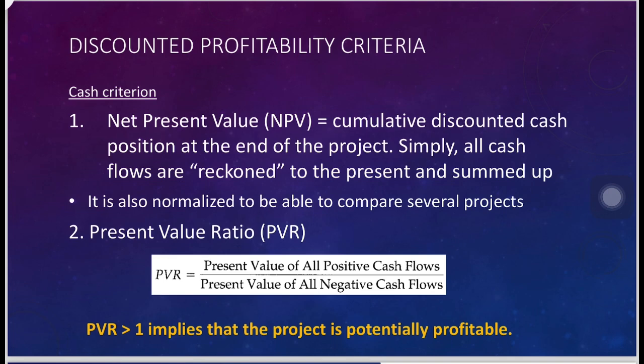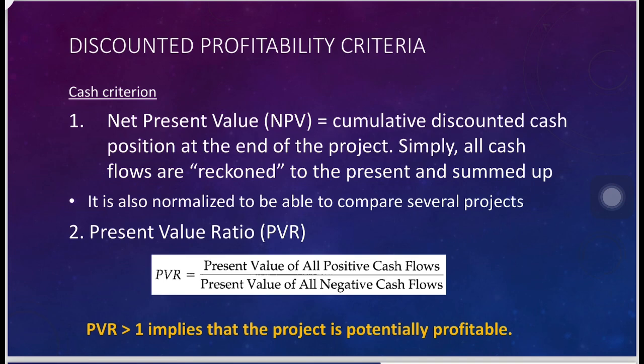For the cash criterion, we have the net present value. The NPV is the cumulative discounted cash position at the end of the project life. So simply all cash flows are reckoned to the present and summed up. If you have the cash flow diagram at year 12, you have to bring that back to year 0. For example, your project life is 10 years plus 2 years construction phase.